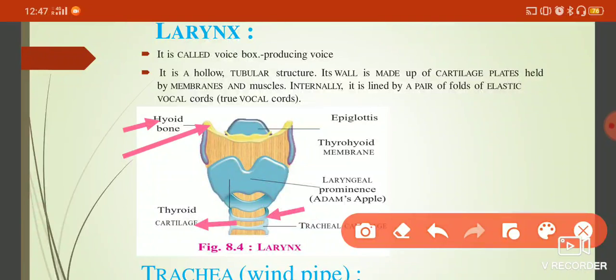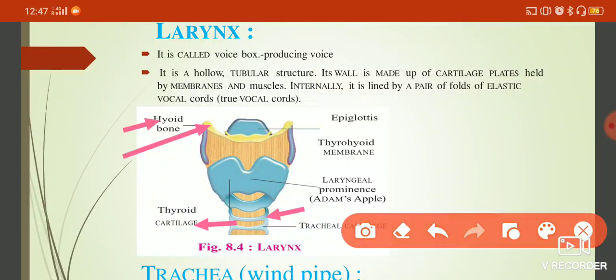It is a hollow tubular structure, tube-like, internally hollow. Its wall is made up of cartilage. It is a cartilage box. It is made from cartilage plates and held by membrane and muscles. Not only cartilage, it is held by membrane and muscles.